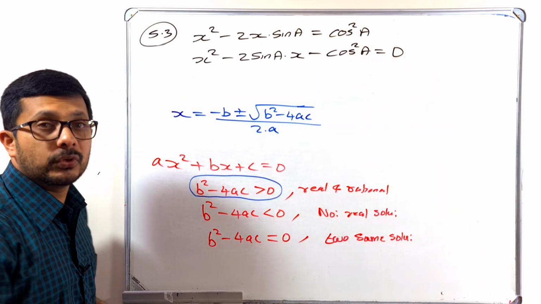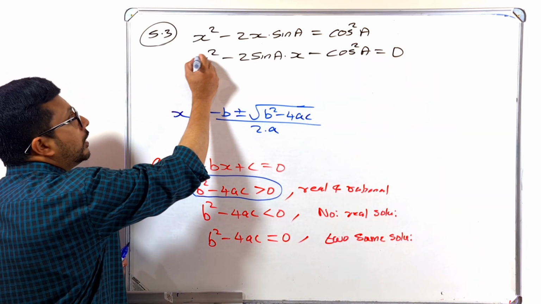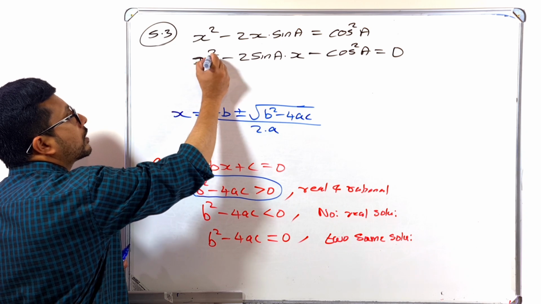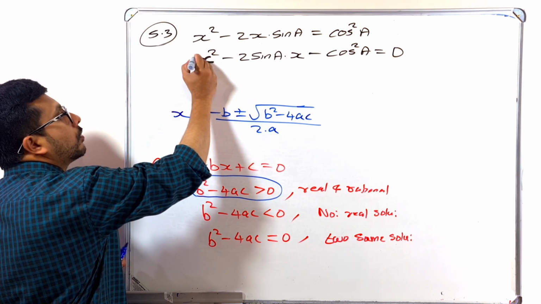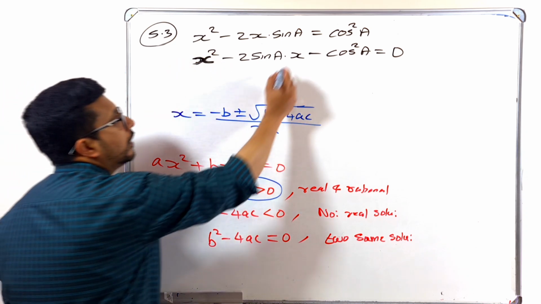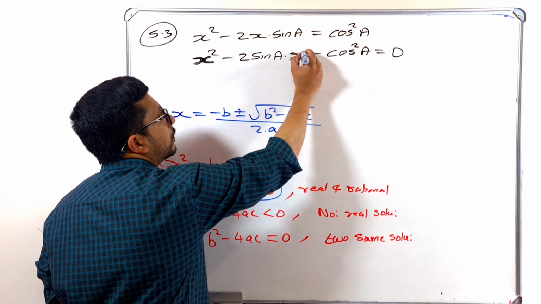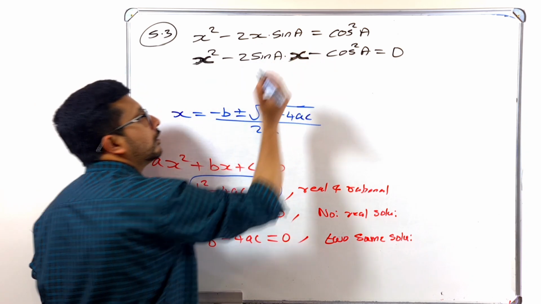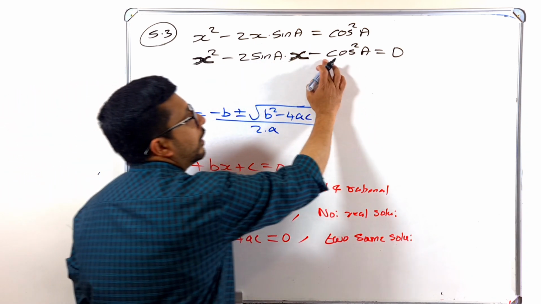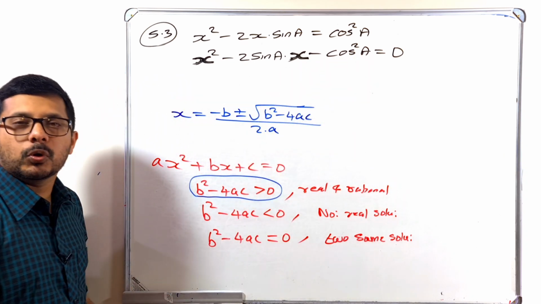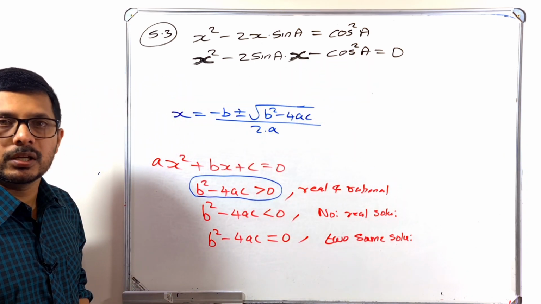You must be careful. What is the variable in this equation? x squared. Can you see x squared there? Can you see x here? And this one is our constant term. Cos squared a you have to consider as the constant term.